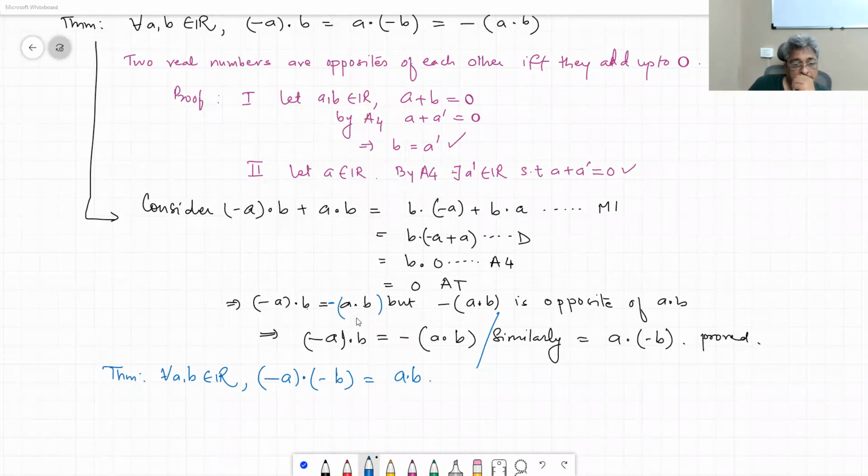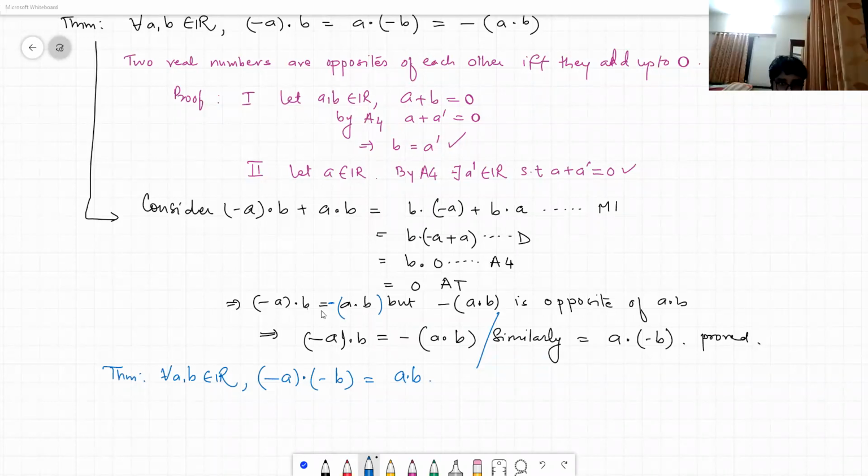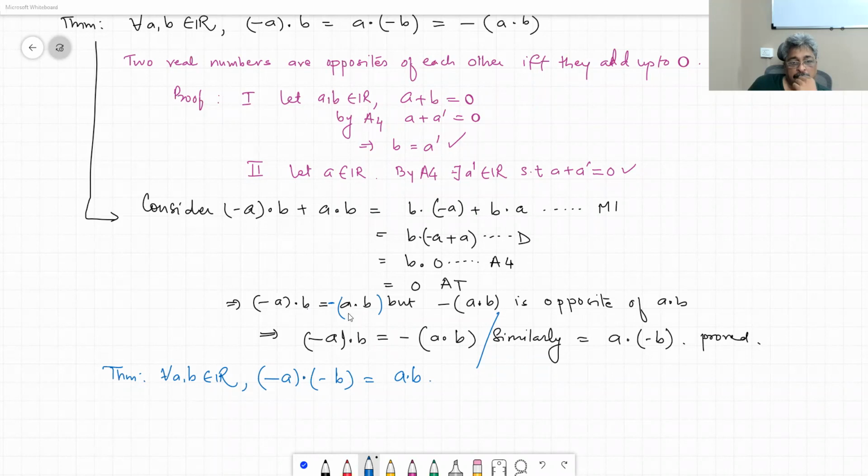There is a correction. What are we saying? Two numbers, when they add up to 0, are opposites of each other. Maybe I should have written it like this.